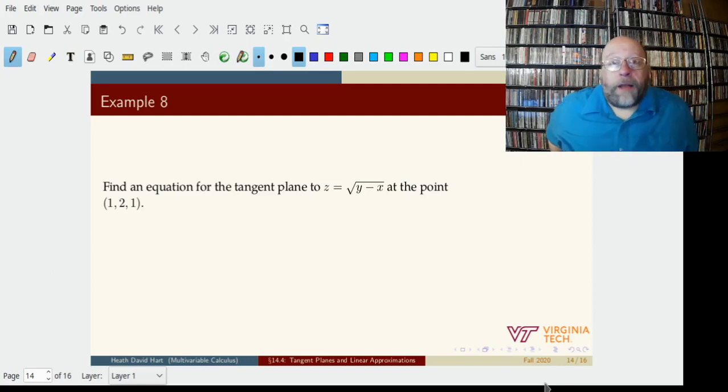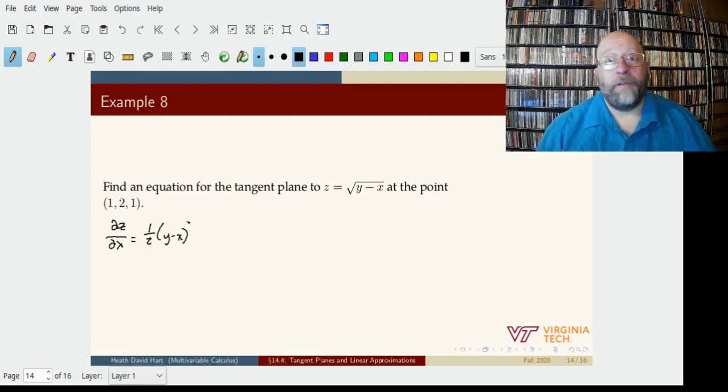So going back to what we did at the beginning, find an equation for the tangent plane to this graph, z equals the square root of y minus x, at the point (1, 2, 1). To find an equation for the tangent plane, we need the partial derivatives. The derivative with respect to x is going to be 1/2 times (y minus x) to the negative 1/2 times the derivative of the inside part with respect to x, which is negative 1.